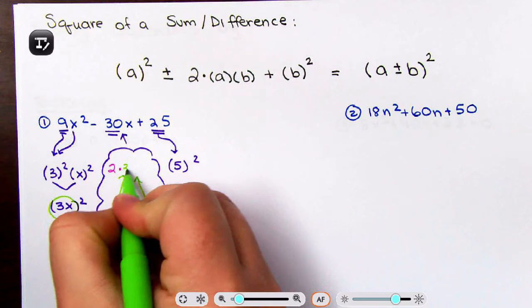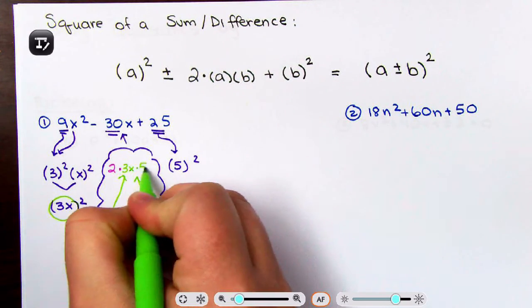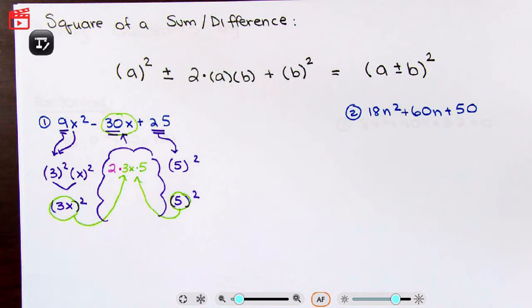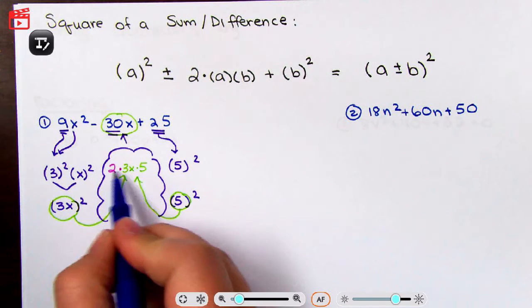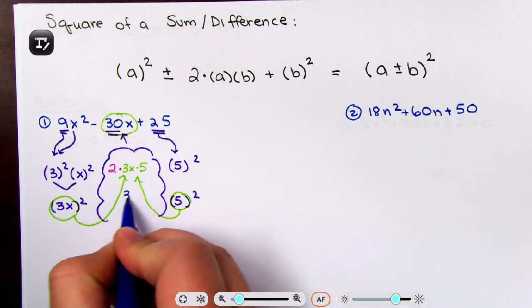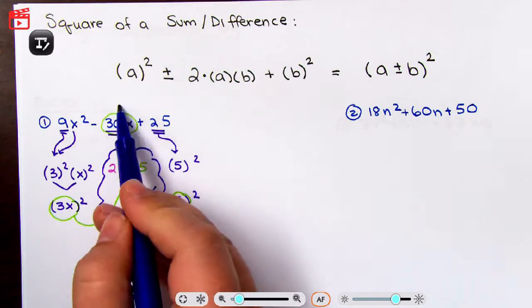So you have 2 times 3x times 5. If that equals this middle term, then you have this pattern and you can use the answer here. So 2 times 3 is 6. 6 times 5 is 30, and I have 1x, so this is 30x. So it does check out.